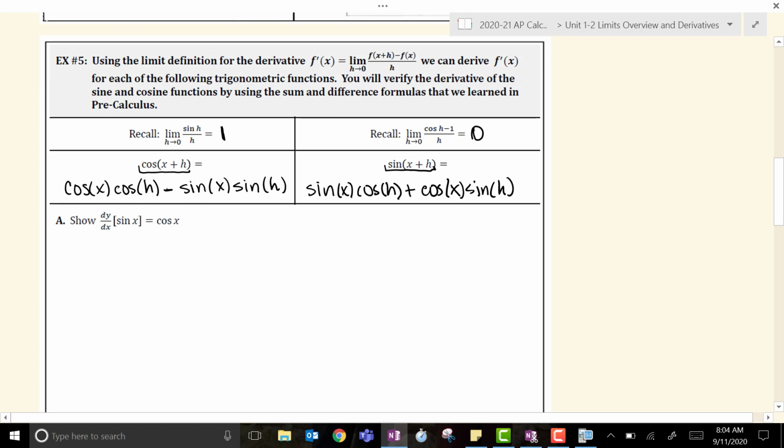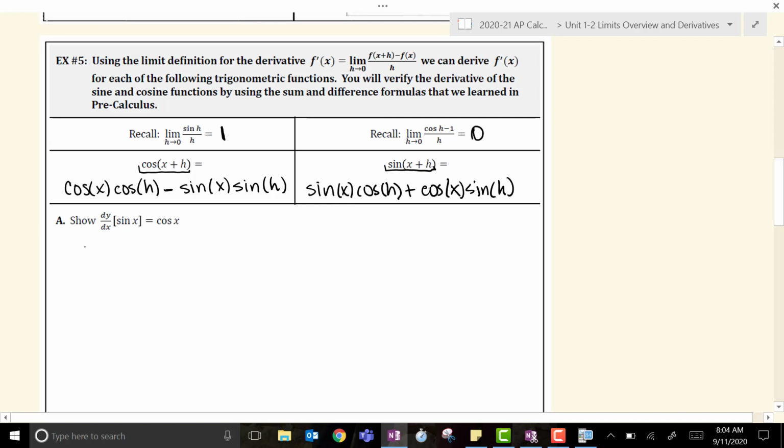All right, let's get this going. Let's show that the derivative of sine of x equals cosine of x. I'm only going to do it for sine, and if you really want and have so much free time and are so bored, then you can prove that cosine limit later. So the derivative of sine of x equals cosine of x. Let's rewrite that as the limit.